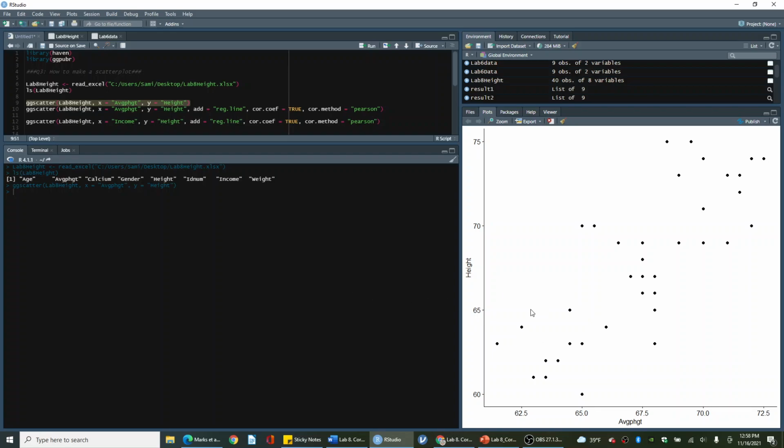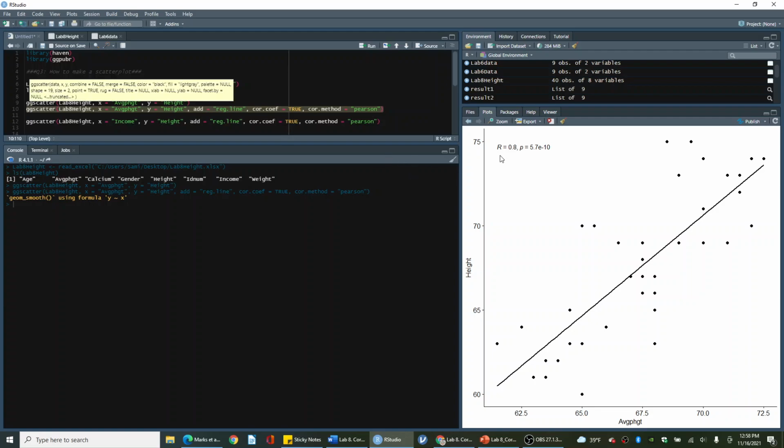It looks like it could be moderate, but let's be 100% sure by throwing in the rest of this command. The regression line is going to give us the best fit line, and then a correlation coefficient, and then we're using Pearson's correlation.